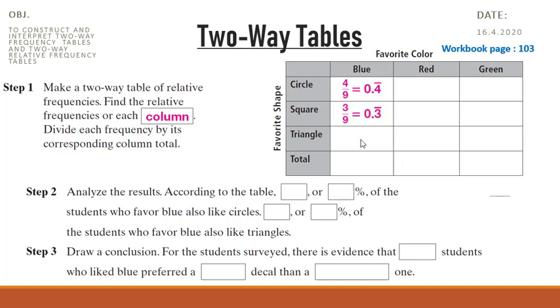The same for 3 over 9 and 2 over 9, and of course we have 9 over 9, which is 1 whole. Do the same for red. Do the same for green.